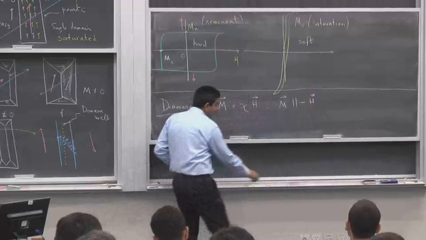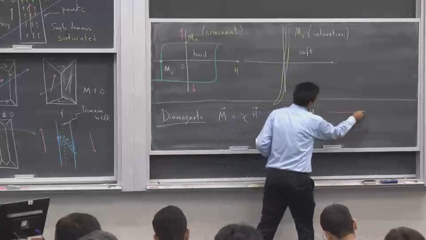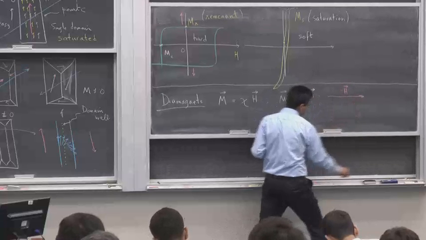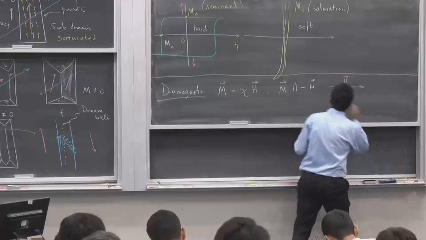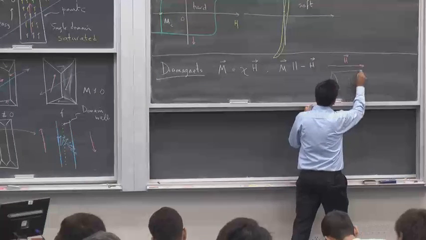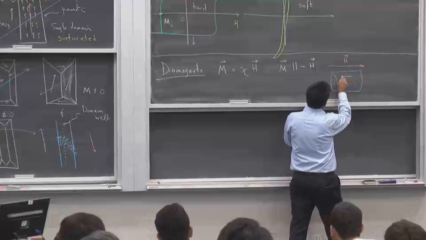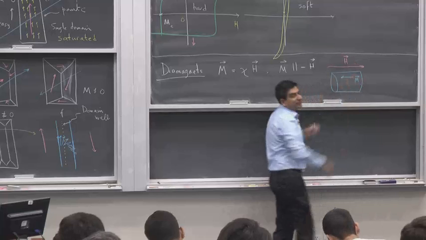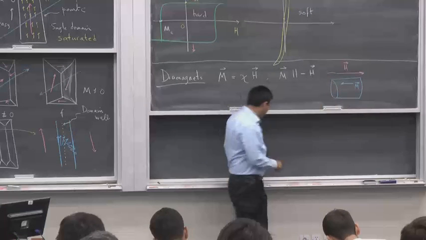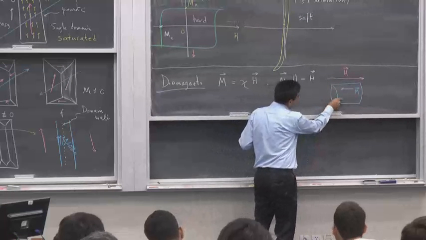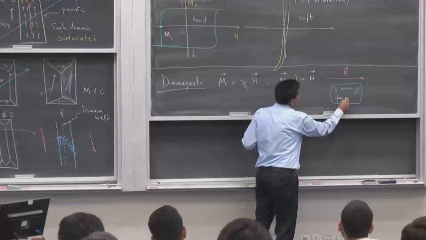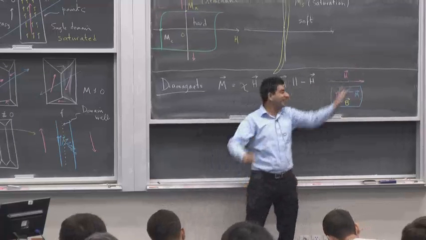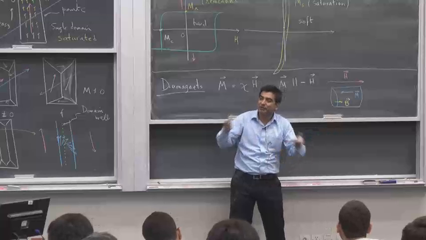So if you apply an H field in this direction and you place a magnetic medium which is diamagnetic inside this field, the magnetization is going to point in the opposite direction. And the bigger this H, the bigger will be this M. So the net field inside this medium, B, is going to be smaller than mu naught H. You increase H, the field inside this medium gets smaller and smaller and smaller.